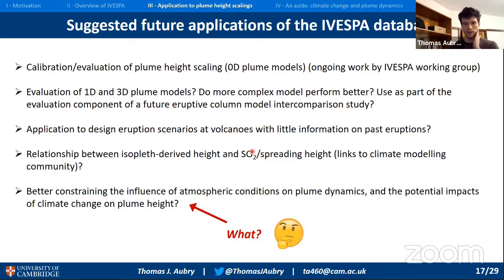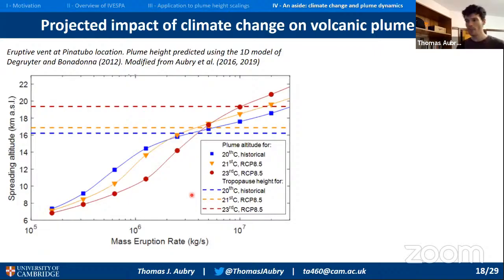And then a very personal motivation, which I'm briefly going to talk about if I have time, is that I'm hoping to use IVESPA to better constrain the influence of atmospheric conditions on plume dynamics, and in turn the potential impact of climate change on plume height.